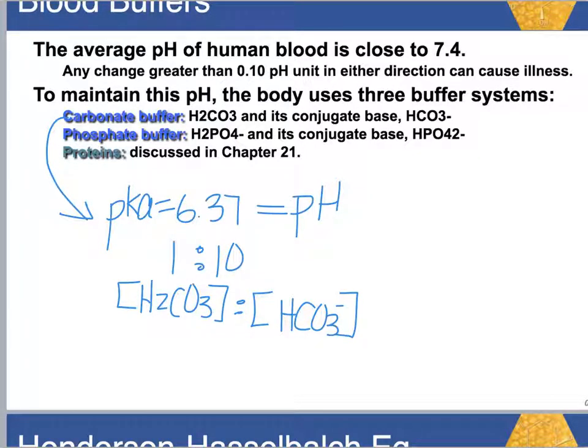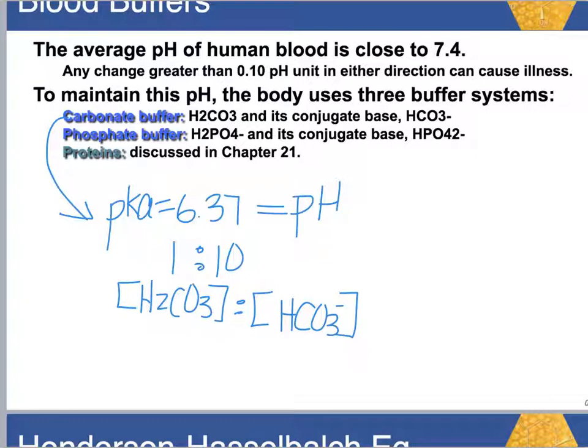This will then raise the ratio and decrease the buffer capacity because the conjugate base is neutralizing the acid. And this actually makes sense because in normal conditions, there are larger amounts of acidic substances entering the blood than there are basic substances.